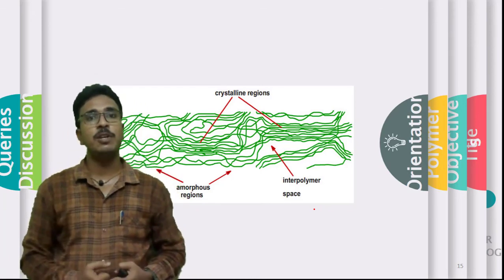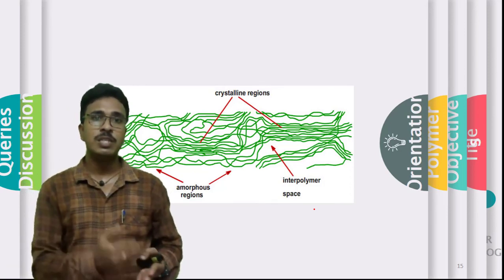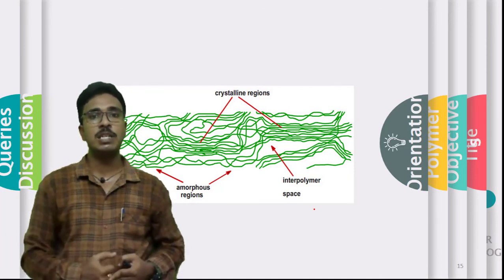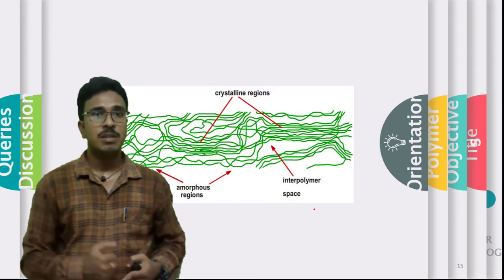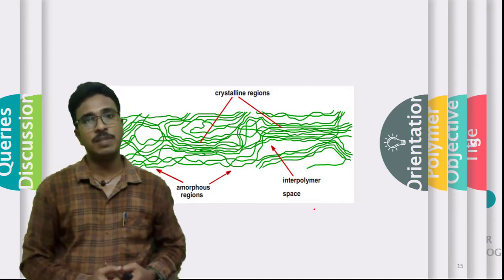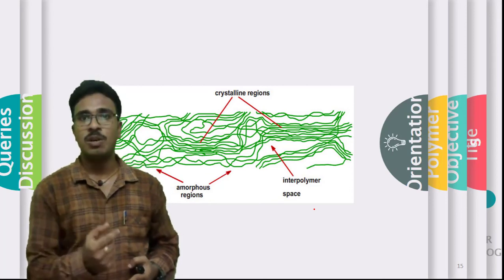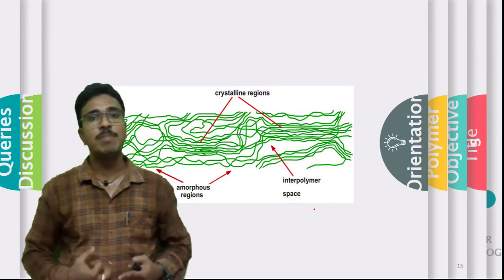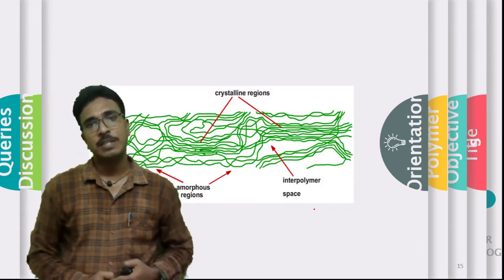For example, if you take cotton fiber, it consists of 60 to 70% crystalline region and 40 to 50% amorphous region. So obviously what will happen? The fiber is strong because of the crystalline regions, and at the same time the fiber is capable of absorbing moisture because of the amorphous regions.